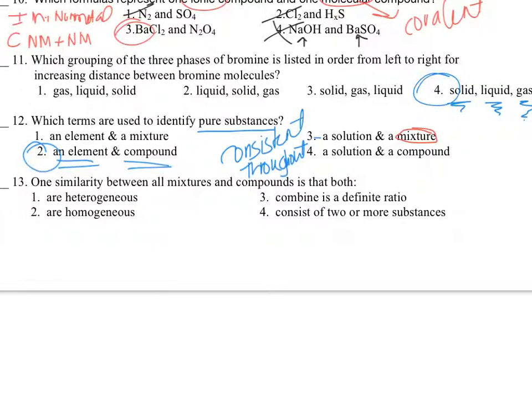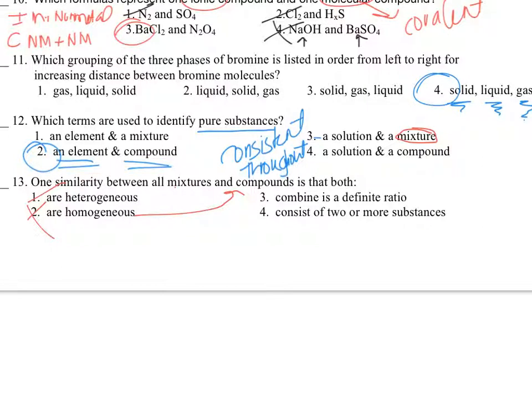All right, so one similarity between all mixtures and compounds is that both, let's go through this, are not necessarily heterogeneous, meaning different mixtures. You can have heterogeneous mixtures, but compounds cannot be heterogeneous. Compounds have to be homogeneous. Mixtures do not have to be homogeneous.